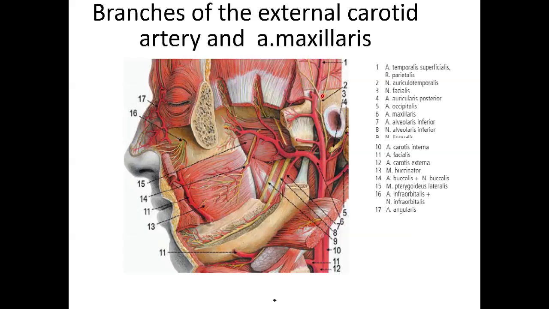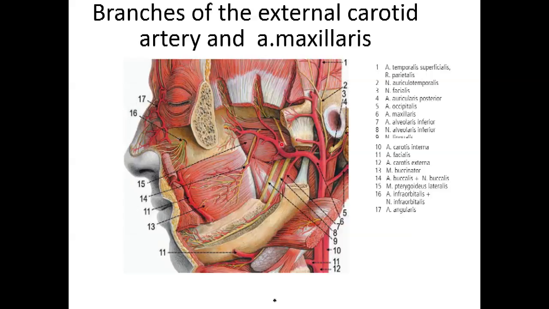Which prolongates to number 1, arteria temporalis superficialis. So it's easy to find that arteria temporalis superficialis is a direct prolongation of arteria carotis externa. And here, at a right angle to it, we can find arteria maxillaris and numerous branches of it.